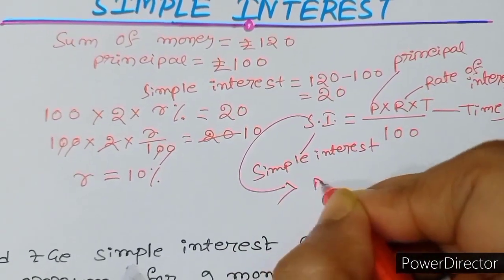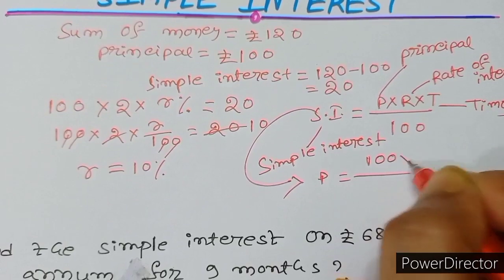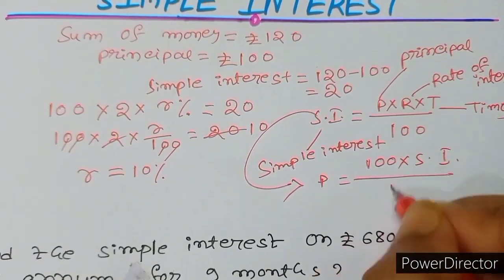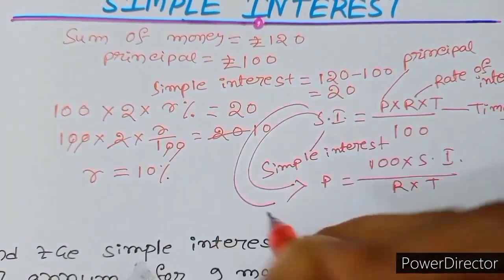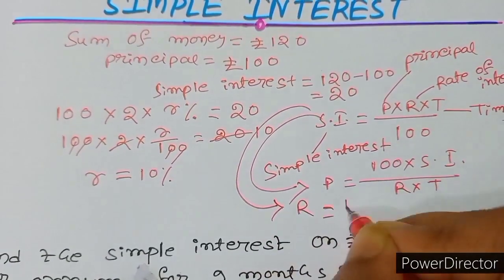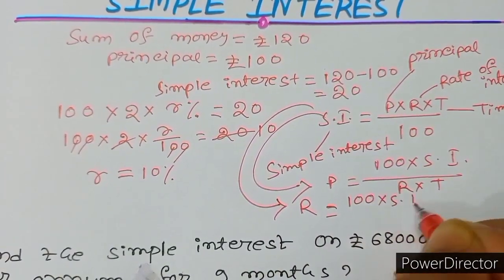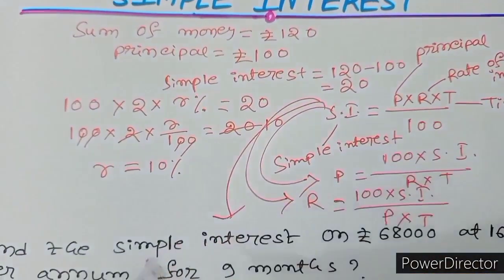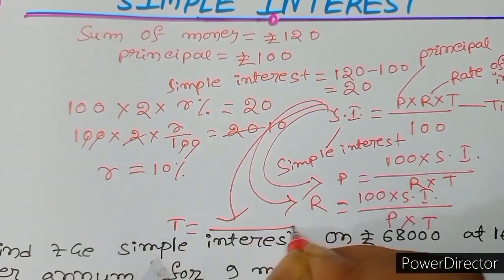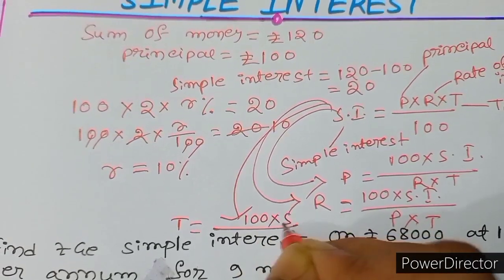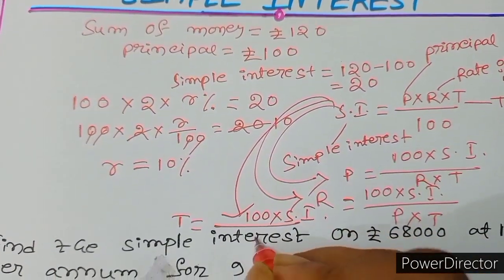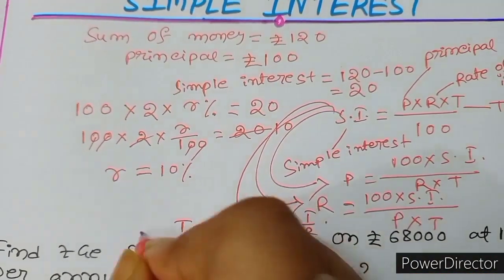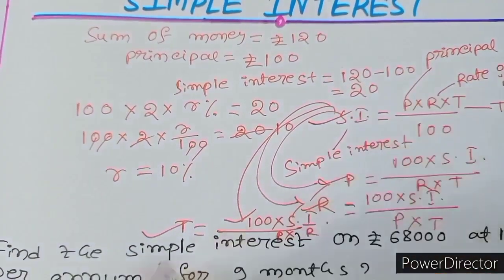We also write P equal to 100 into SI by R into T. We also write R equal to 100 into SI by P into T. Also we write T equal to 100 into SI by P into R. So these all are the formulas.